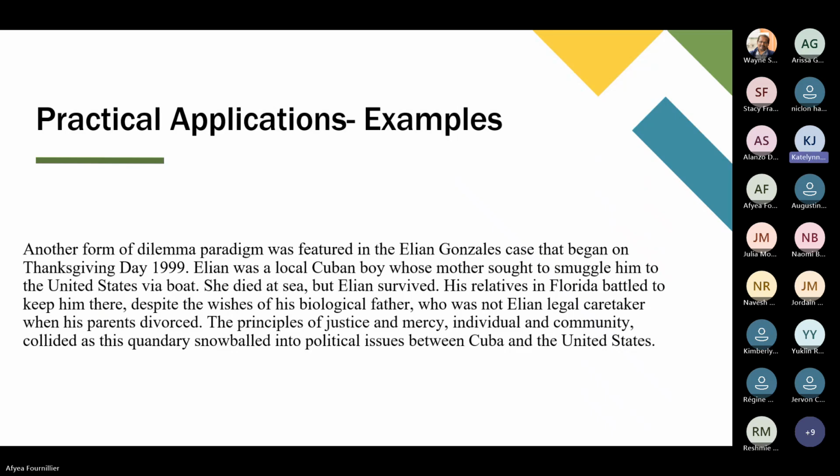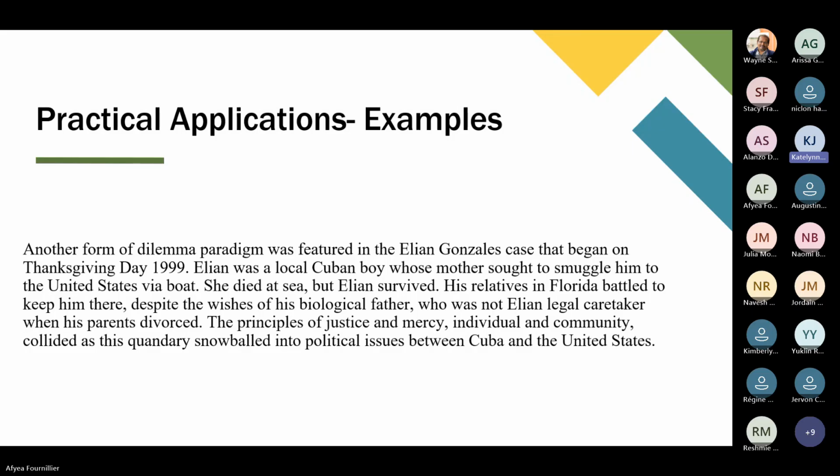So another form of dilemma paradigm was featured in the Elian Gonzalez case that began on Thanksgiving Day 1999. Elian was a young Cuban boy whose mother sought to smuggle him into the United States via boat. However, she died at sea, but Elian survived.